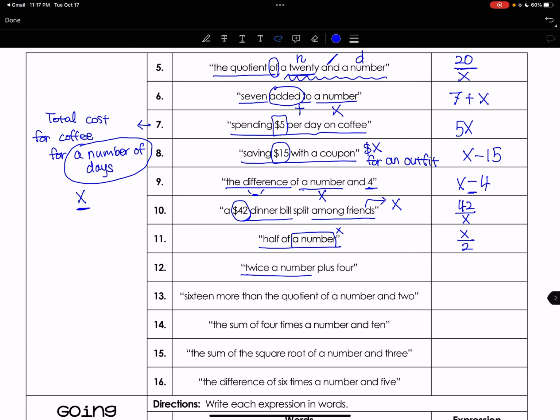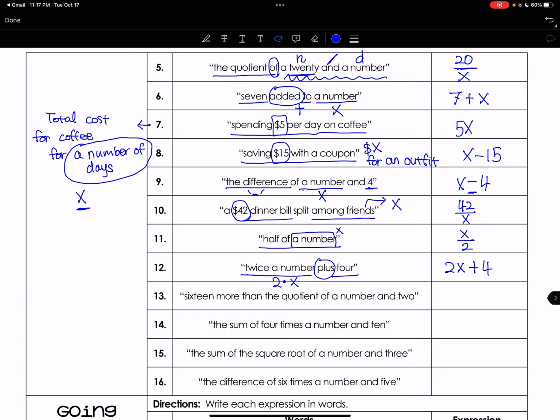Twice a number is you're multiplying a number X by 2. So it becomes 2x, and then plus is addition, 4.